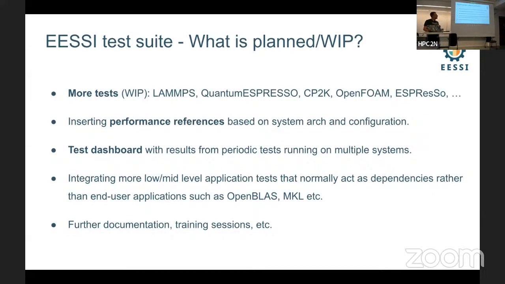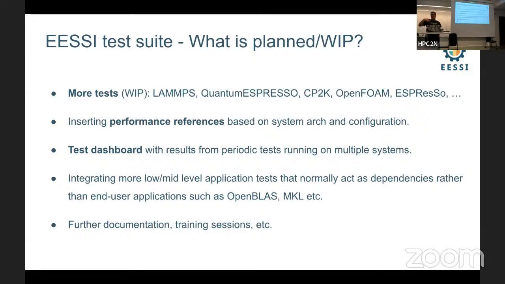What we're now starting to look at, and actually have to look at in the scope of multiscale, is getting these performance reference numbers. So what kind of performance should we be expecting, and how do you get the relevant performance numbers for a particular system, because it's very much tied to the system. So we're thinking about collecting those numbers somehow and storing them so you can easily get them back dynamically from the test.